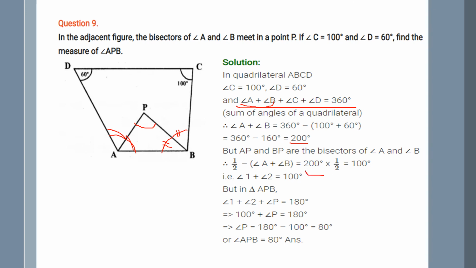So you have to take half of 200. 200 into 1 by 2 will be 100. So the inside angle 1 plus 2 will be 100 degrees. You are taking this as angle 1 and this as angle 2. Angle 1 plus 2 is 100. Angle 1 plus 2 plus P is 180 degrees, because APB is a triangle. And as you know very well, the sum of all angles of a triangle is 180 degrees. So 100 plus angle P equals 180. So angle P will be 80 degrees. This will be the answer.